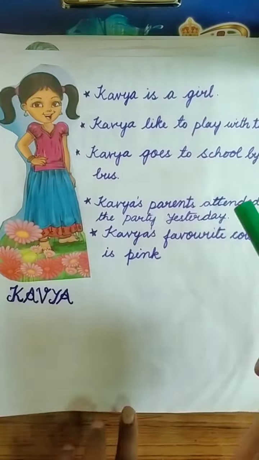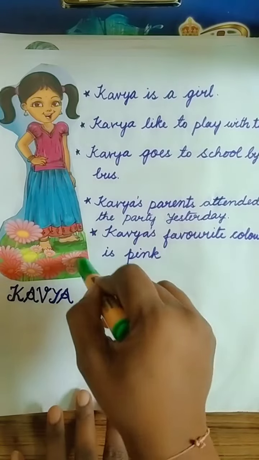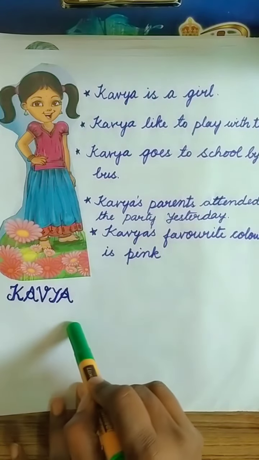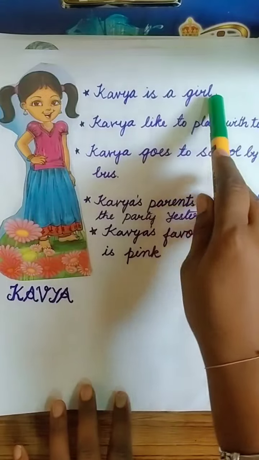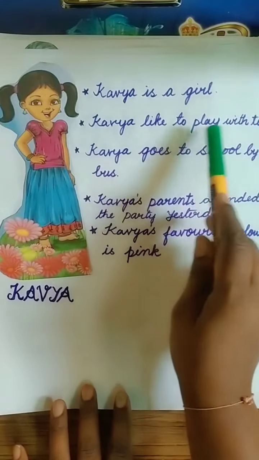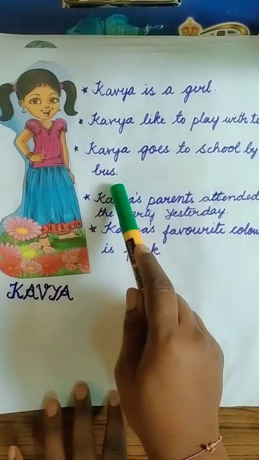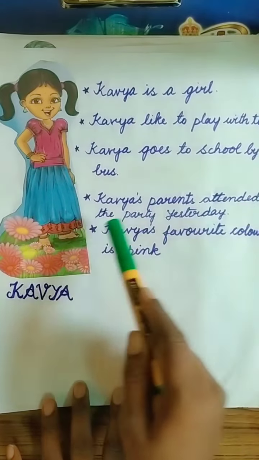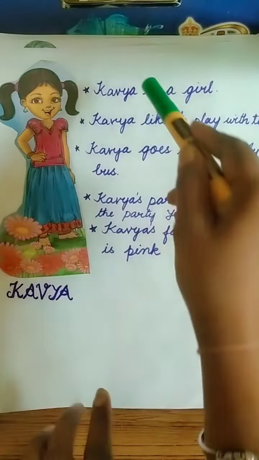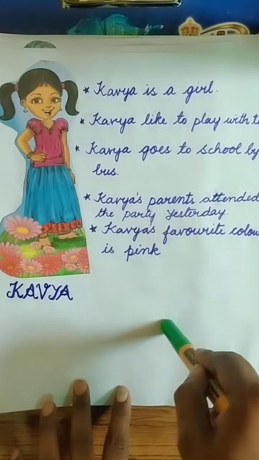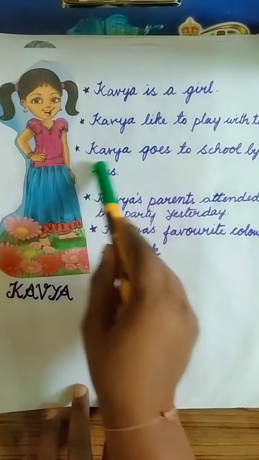A simple example. She is a girl. Her name is Kavya. Kavya is a girl. Kavya likes to play with toys. Kavya goes to school by bus. Kavya's parents attended the party yesterday. So in all these sentences, Kavya is being repeated.